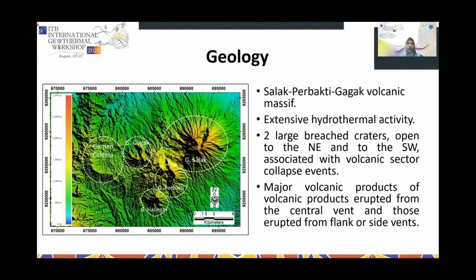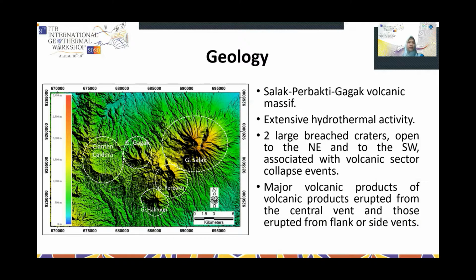Intermittent volcanism occurred at Salak between 200,000 and 1 million years ago. In historic time, volcanic activity at Salak has been limited to a number of phreatic explosions occurring at side vents on the flanks of the volcano. The summit area of Salak is characterized by two large breached craters, one open to the northeast and another to the southwest, which are associated with volcanic sector collapse events.